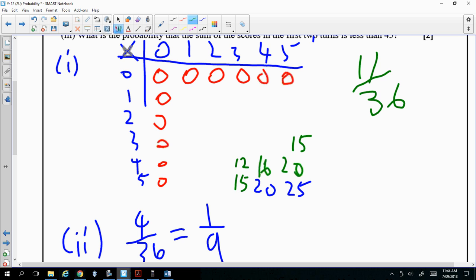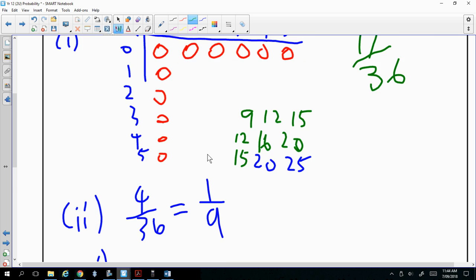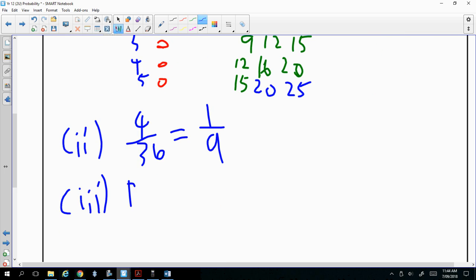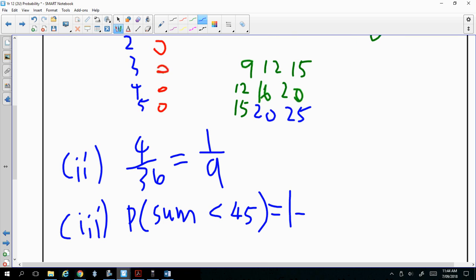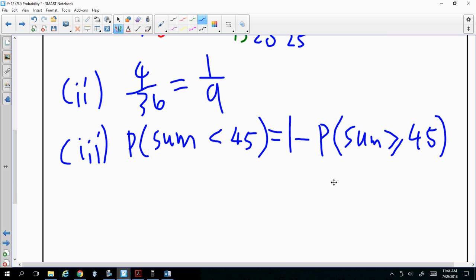That's a lot of numbers to look at, so a better way will be doing the complementary, that being more than or equal to 45. Yes? And what do you get? So how do I get a sum of 45? 45 can only be made using 2 numbers.